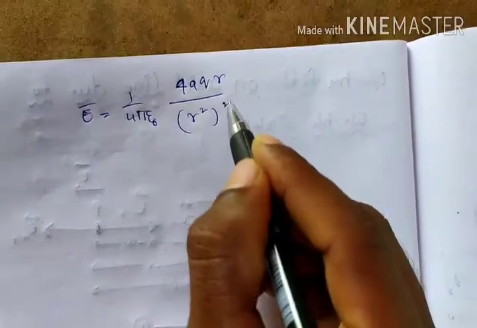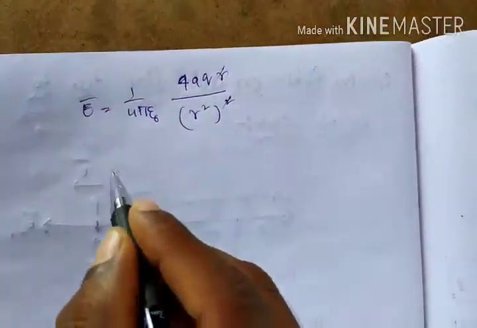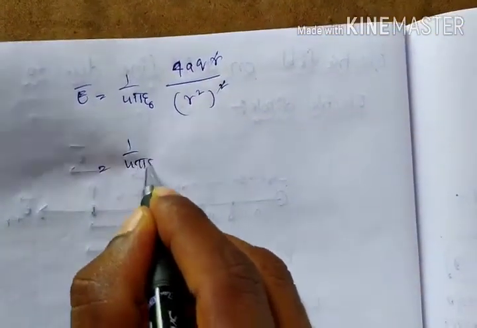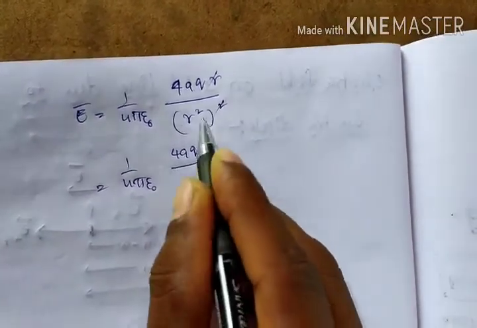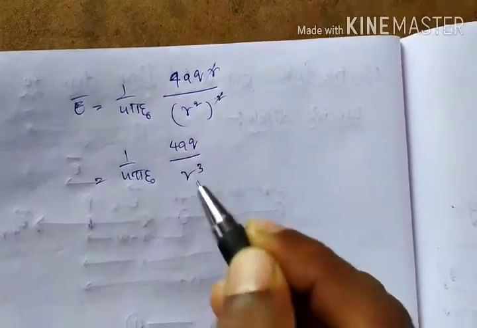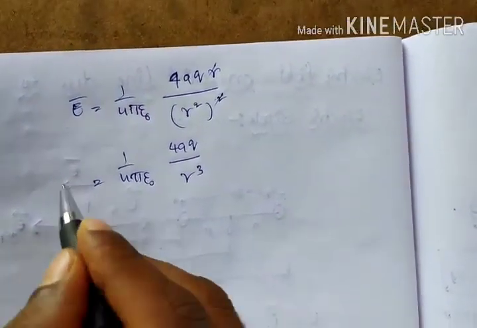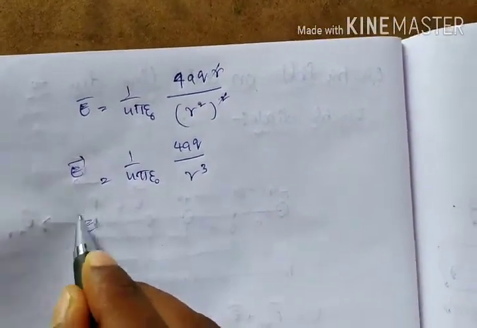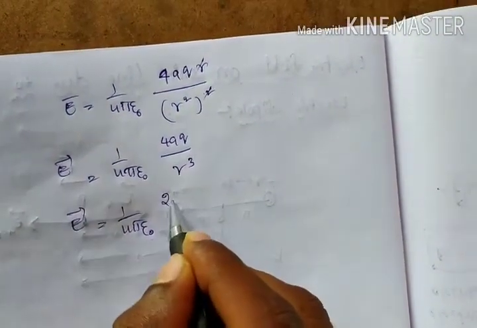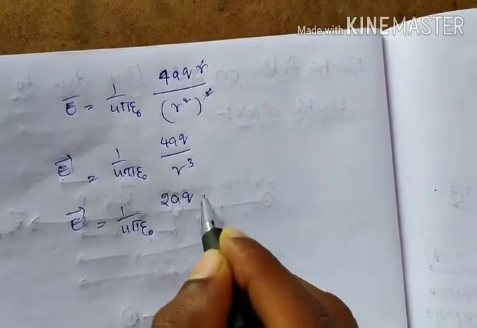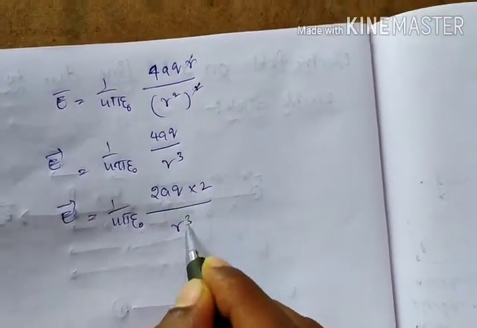Here see, one r will cancel. So 1 by 4 pi epsilon naught, 4aq by r power 3, cube. Okay, we can simplify more. E bar is equal to 1 by 4 pi epsilon naught, 2aq into 2 by r cube.